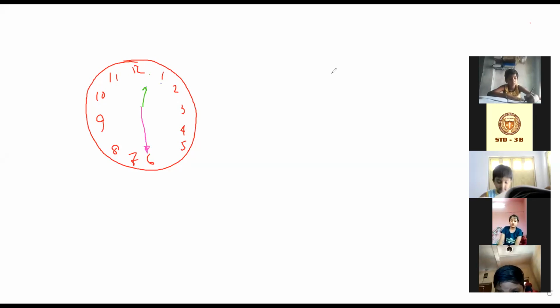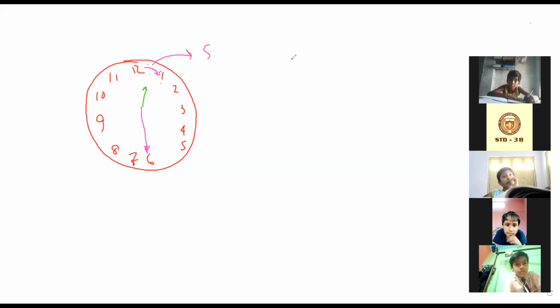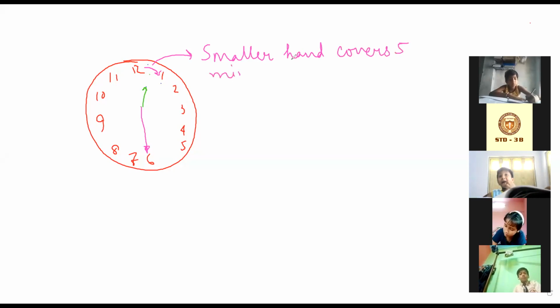So what we have to know is that the bigger hand, when traveling from here to here, covers 5 minutes. Sorry, not the smaller, it will be the bigger.